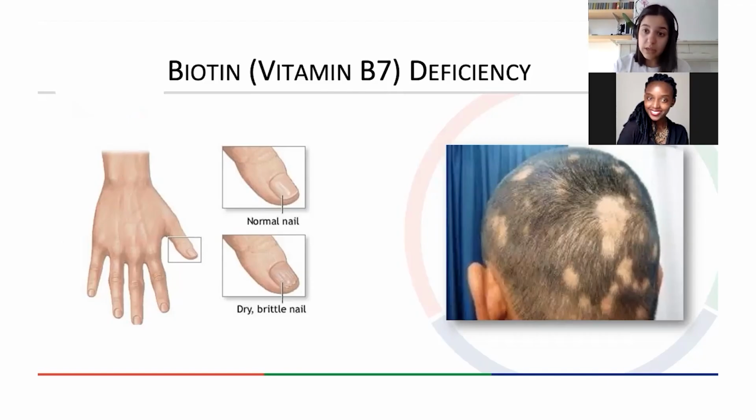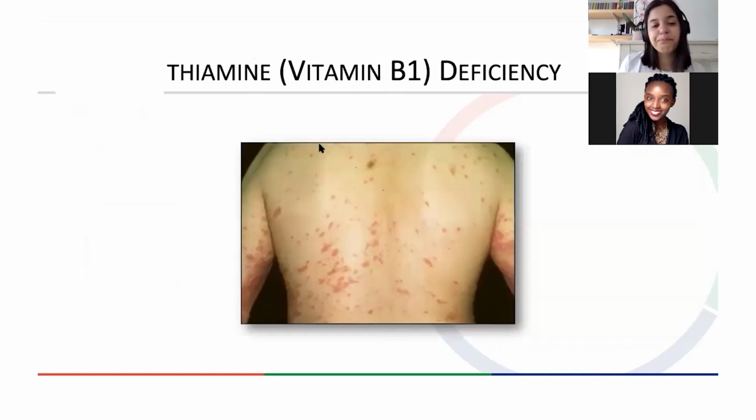And this happens not only in males, but also in females. It's as if it's getting bald in certain spots, and this can be caused by this deficiency in particular.